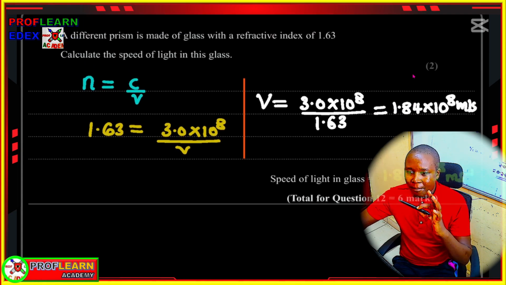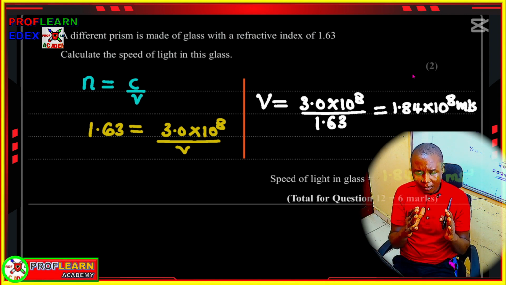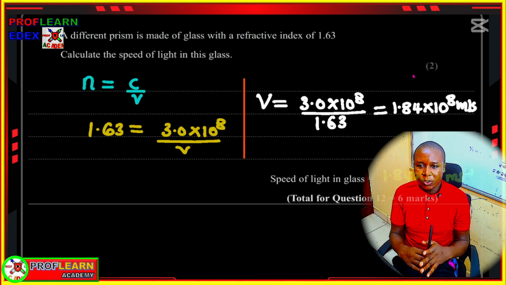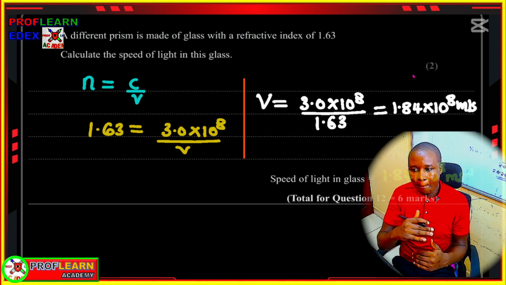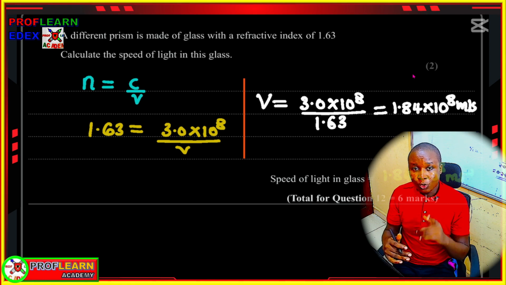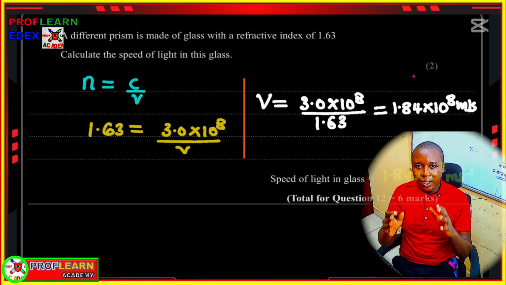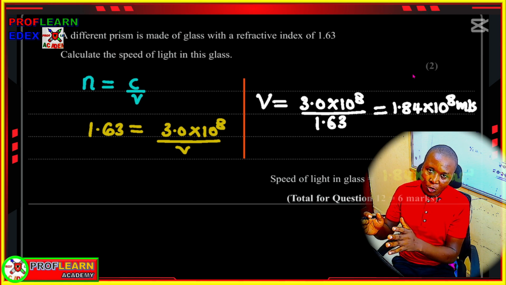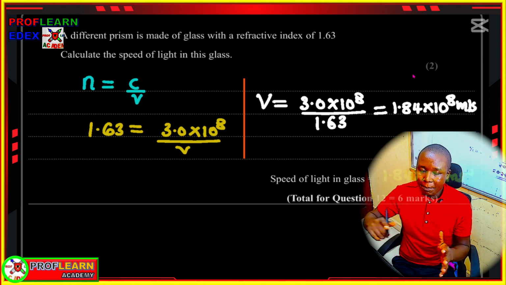Now, a different prism is made of glass with a refractive index of 1.63. Calculate the speed of light in this. So you are given the refractive index, and you are supposed to work out the speed at which light passes in this glass. Remember that refractive index is equal to the speed of light in a vacuum divided by the speed of light in that particular medium, in that particular glass.